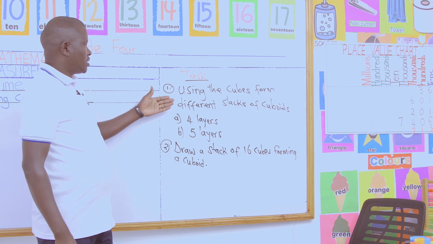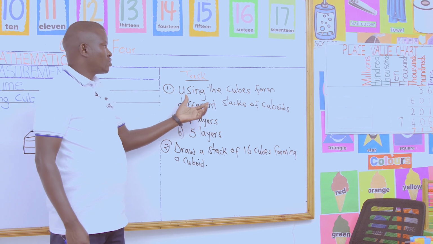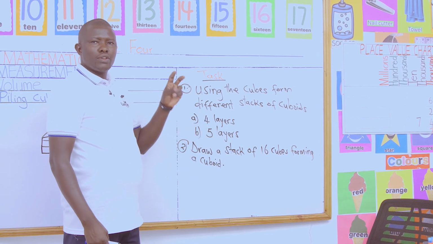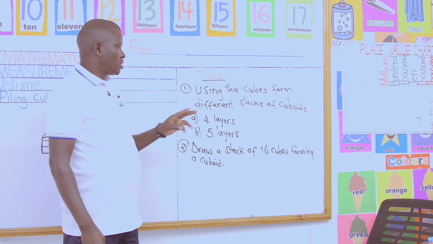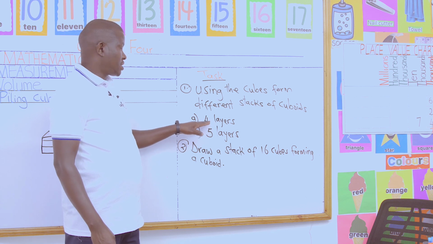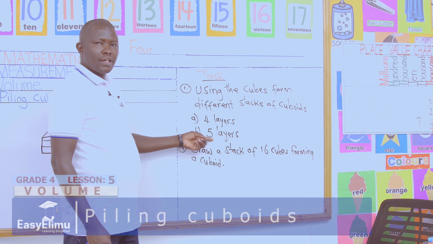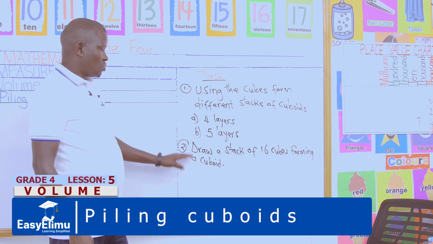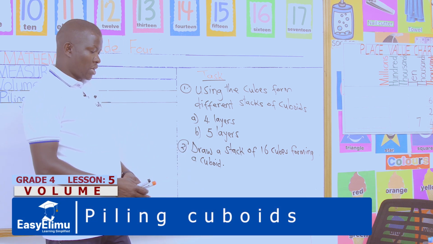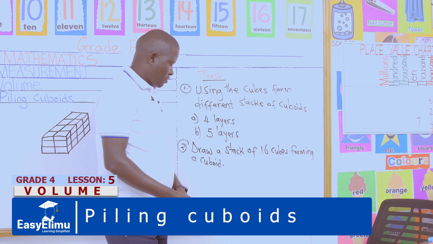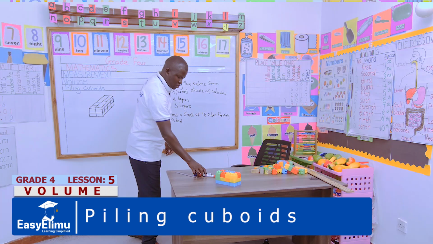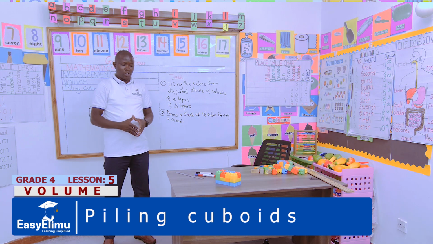The first one, you just use the cubes to make an arrangement, forming cuboids with 4 layers, and with 5 layers. And the next one, you draw a stack of 16 cubes forming a cuboid. You will arrange them to form a cuboid.